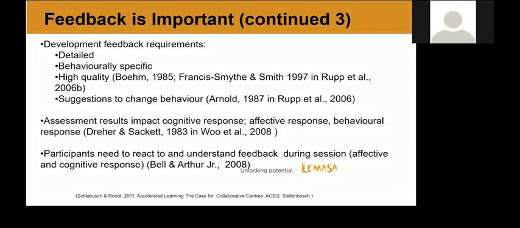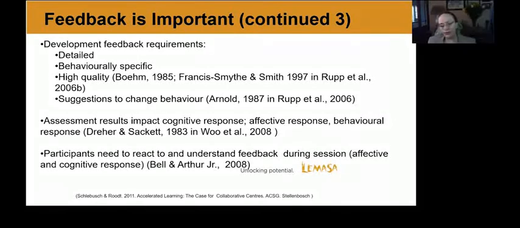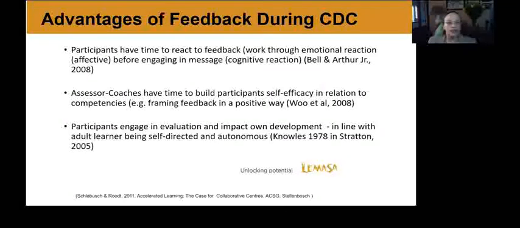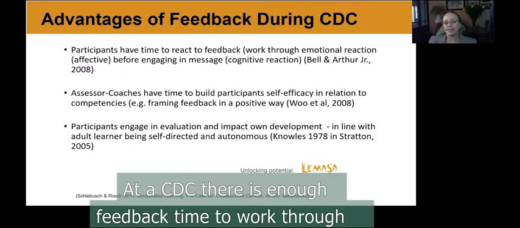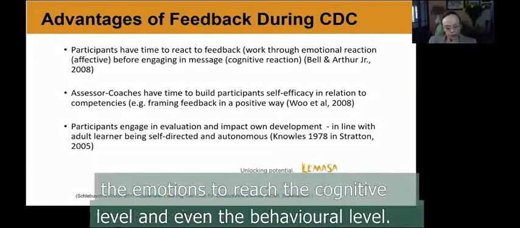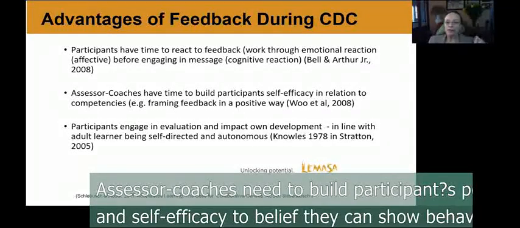So participants need to react to the feedback, and they need to understand it before they're actually going to do anything about it. So the advantage of the CDC is that participants have time to react to the feedback. They can work through their emotions, they can work through it at the cognitive level. The assessor coaches have time to build the participant's self-efficacy.